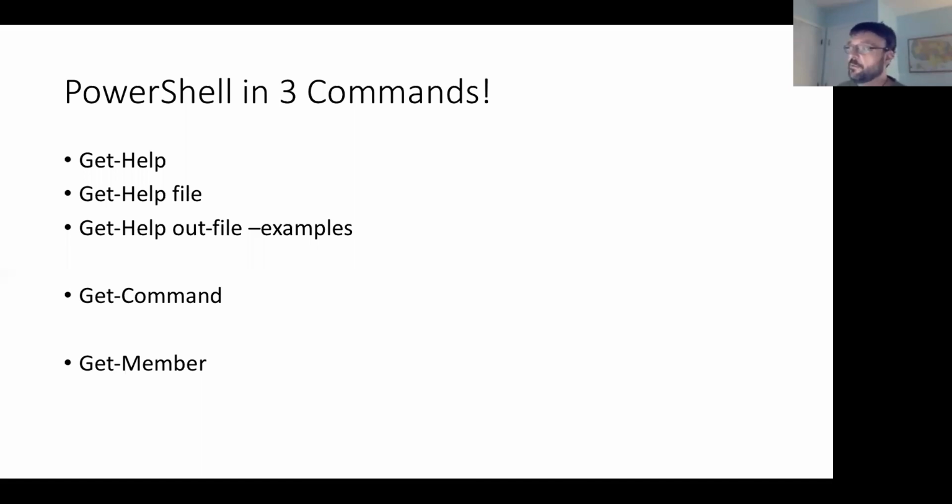And then the last one I want to talk about is Get-Member. Get-Member is an incredibly powerful thing when it comes to troubleshooting your scripts, because sometimes a cmdlet will be outputting things in a way that you're not expecting, or will be invoking things in a way that you aren't anticipating. So Get-Member will help you with troubleshooting. Get-Command and Get-Member are ones that we're going to be talking about next week, though. So we'll just move right along.